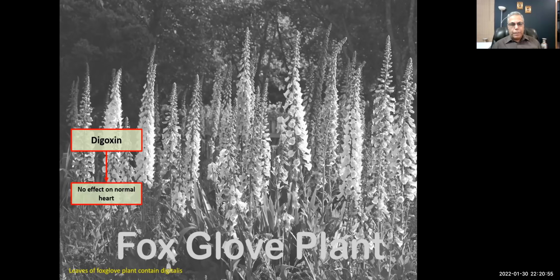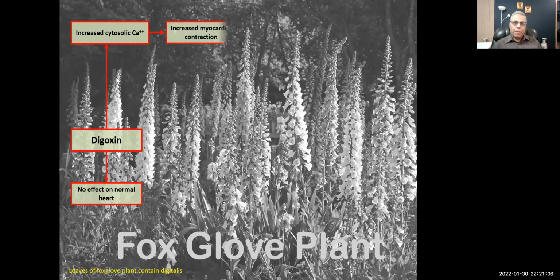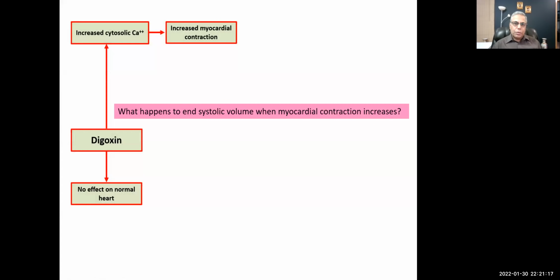Then it has got no effect on normal heart, okay, but it has got an effect on failing heart because it increases cytosolic calcium. Now, when the cytosolic calcium increases, the force of contraction or the myocardial contraction also increases. All right. So what happens to end systolic volume when myocardial contraction increases?